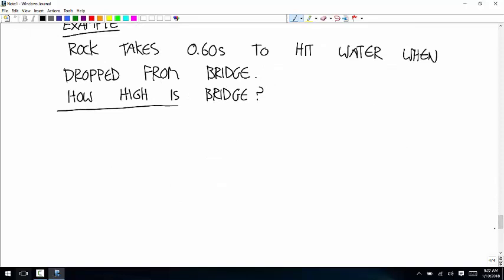Well, we can use the equation that says position is equal to the position when time is equal to 0, plus the velocity when time is equal to 0 times the time, plus 1/2 times the acceleration times the time squared.